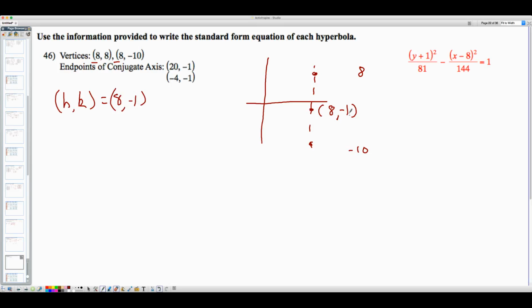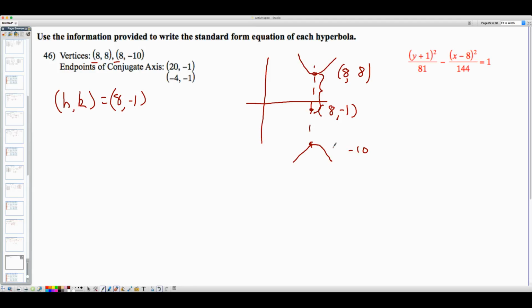I know that since this is my axis where the vertices are, it's going to be opening up and down. It'll look something like this if I were to graph it. And the distance from -1 to 8 is 9.